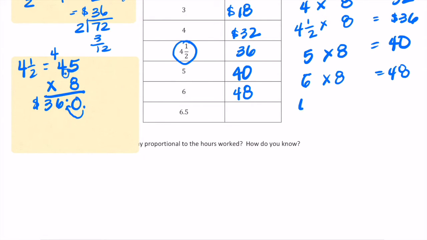We can treat 6.5 the way that we did the other one. So we can do 6.5 times 8 equal to 48 plus 4 is 52.